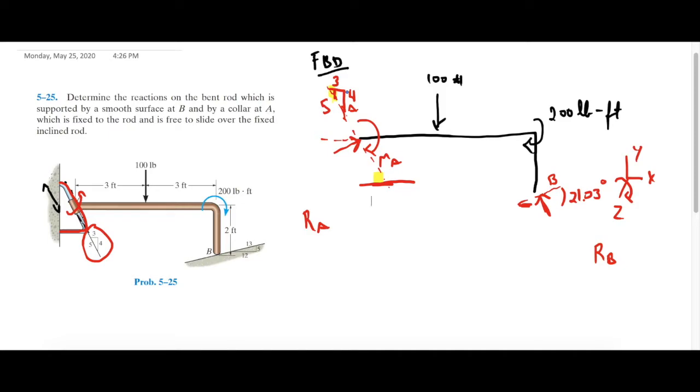So that's 53.13. That's the angle. And this guy here should have been, if I do inverse tangent, 5 over 12. That's different, right? 22.62. Boom. Okay, so getting this angle here is a little bit tricky, right?